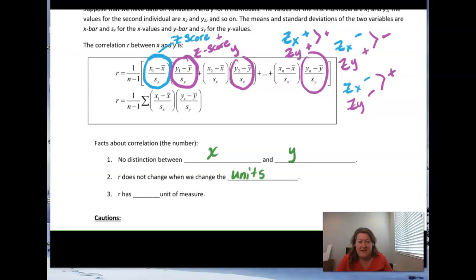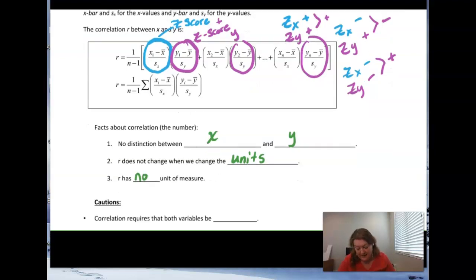So R is not like 0.9 feet or negative 0.35 miles per hour. There are no units. It's just R is negative 0.9, or R is 0.3, okay? And R has no unit of measure. We are not using any units for these at all.